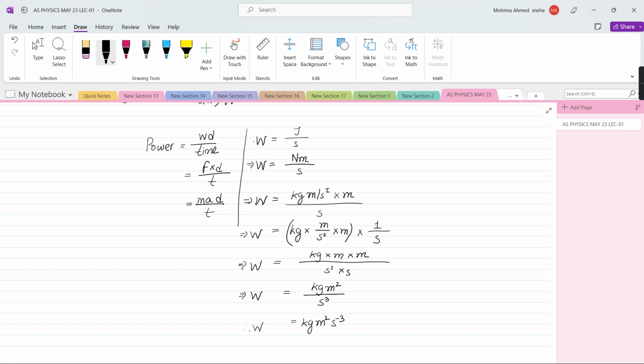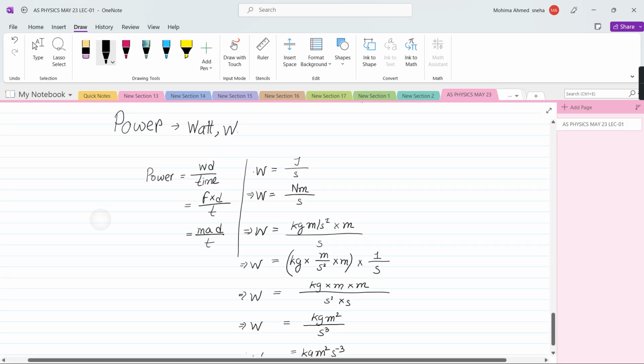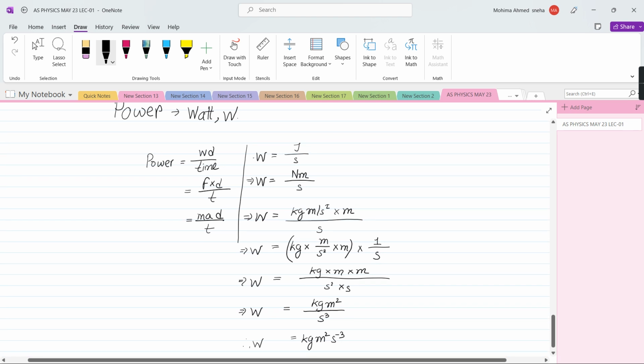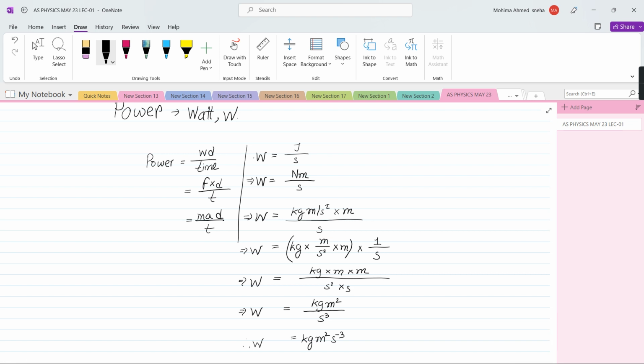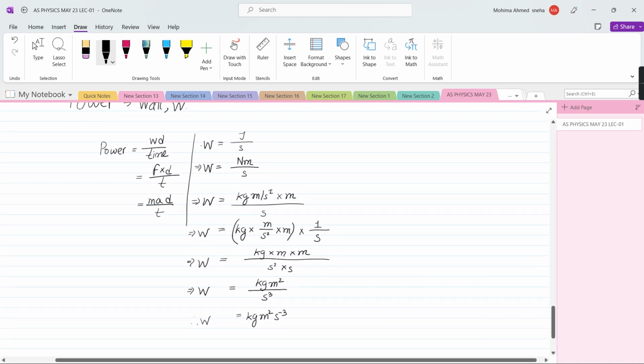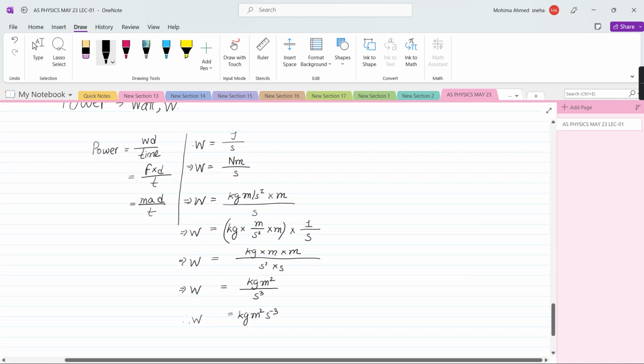Now if I derive this again, but using a different type of energy, for example gravitational potential energy, the base unit for watt would still be the same. Let me move to this side and do the same calculation using a different equation.